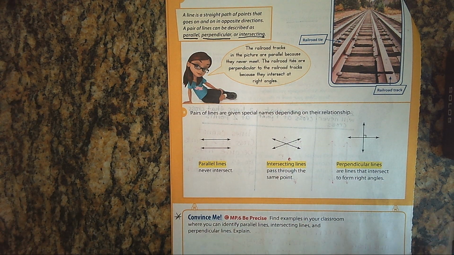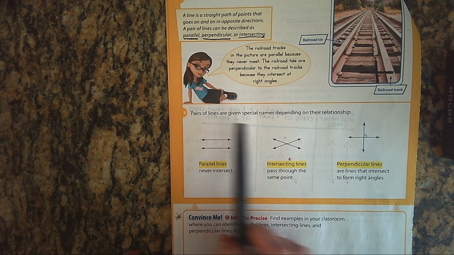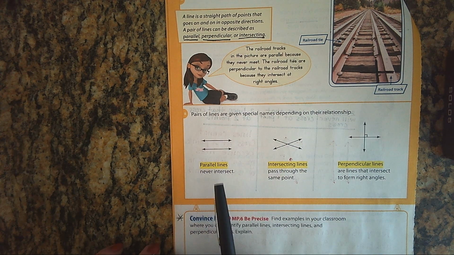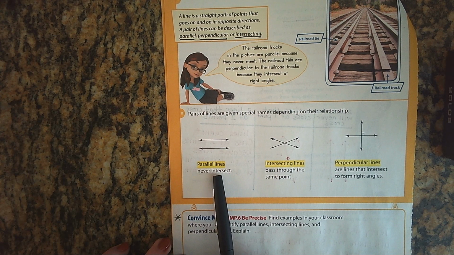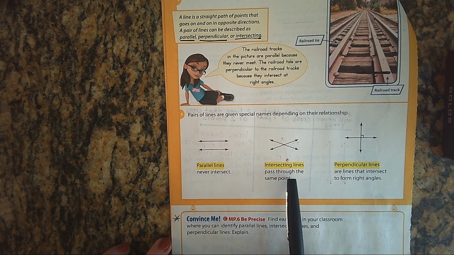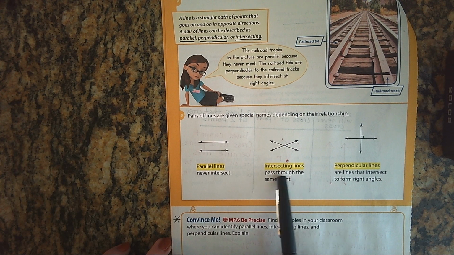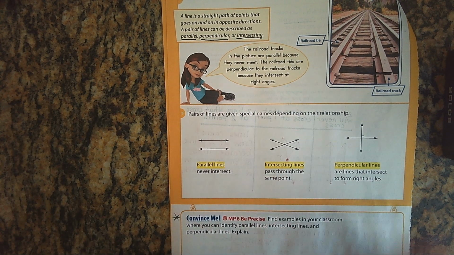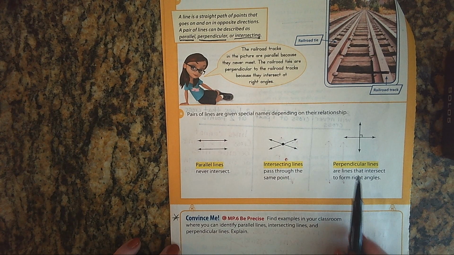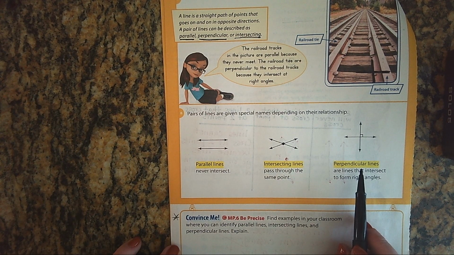So moving on down to B. Pairs of lines are given special names depending on their relationship. So we have parallel lines. Parallel lines never intersect. We have intersecting lines, which means they pass through the same point. So the point would be here. And then we have perpendicular lines.